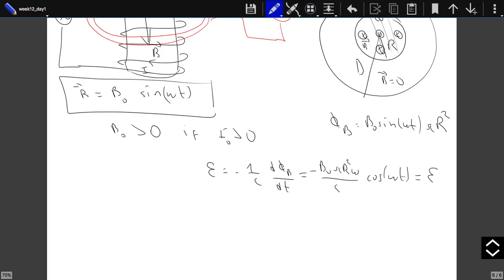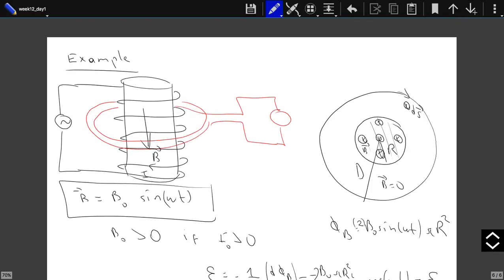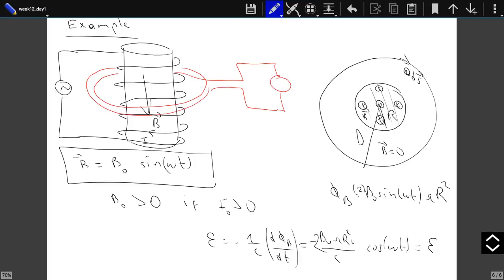Yes. Now, what is the electric field? Well, EMF will be twice this one. Why twice? Because my wire goes around twice in that choice. Well, let's say, what is the electric field?